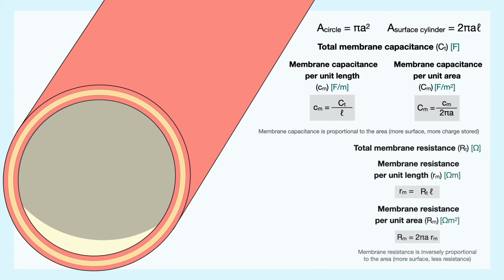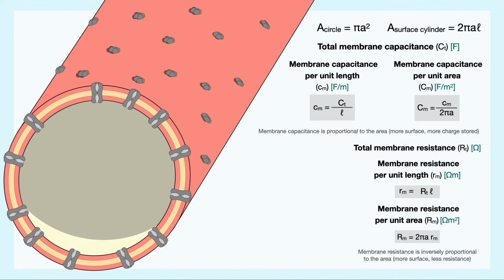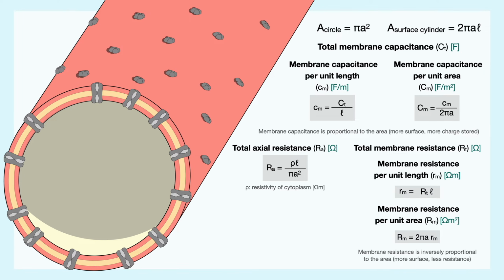One final property we now have to consider is the resistance due to the cytoplasm as the charges move inside the cylinder. This resistance is named the axial resistance and is noted capital RA. Similar to what happens in an electrical wire, we can define this internal resistance as the product of the resistivity of the cytoplasm times the length divided by the area of a cross-section of a cylinder. Here again, we can find the axial resistance per unit length by dividing the total resistance by the length, which leaves us with this expression.